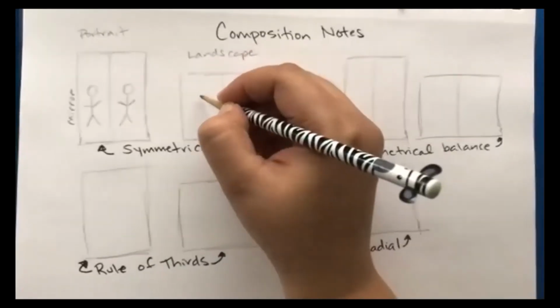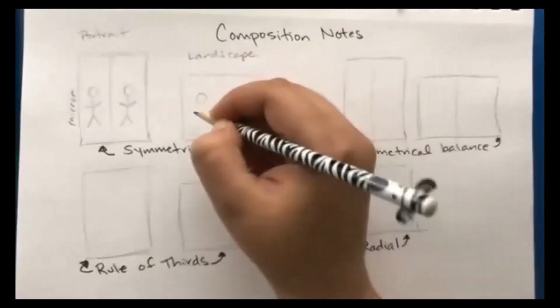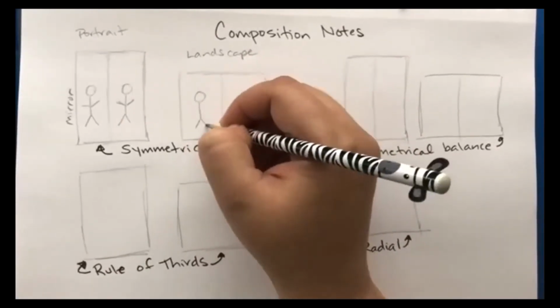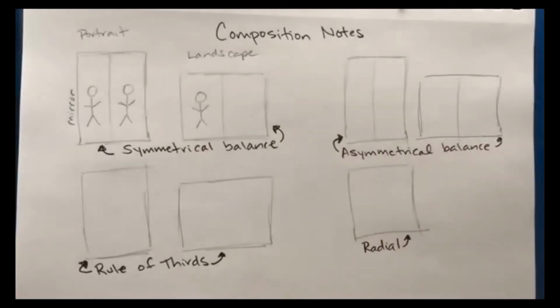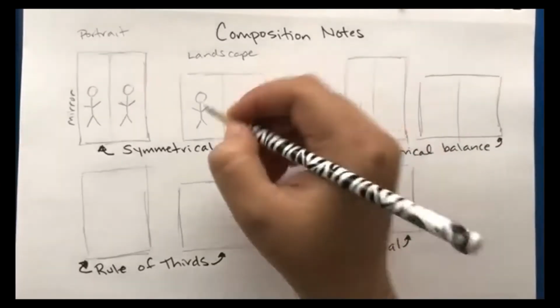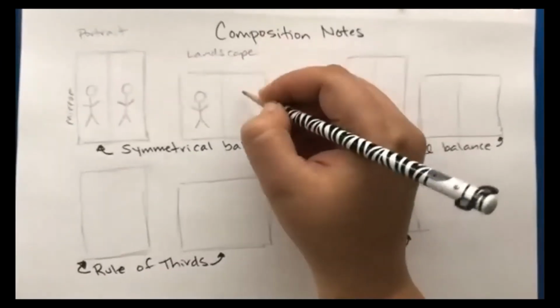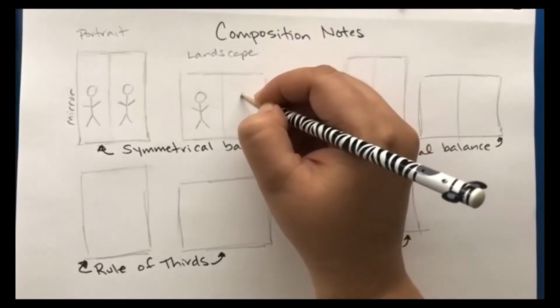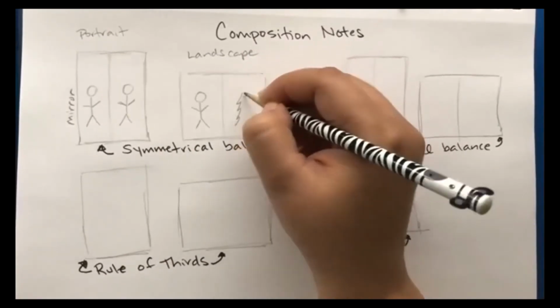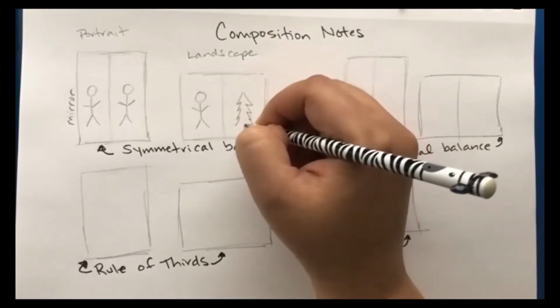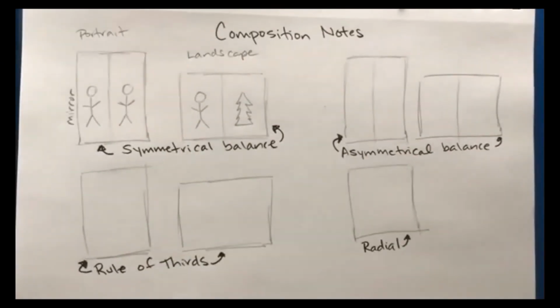So I have my stick figure, but then maybe on the other side, I have a different object that's the same size as the person. So maybe I have a little Christmas tree that's the same height and in the same place as my stick figure.